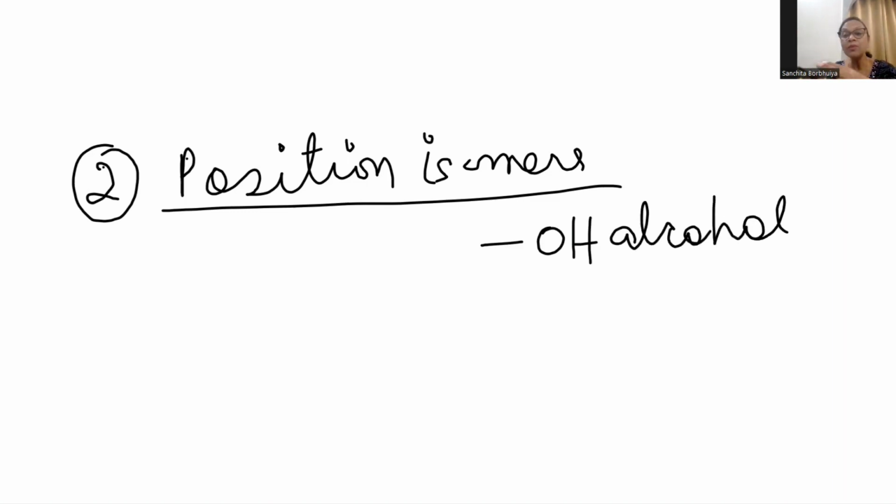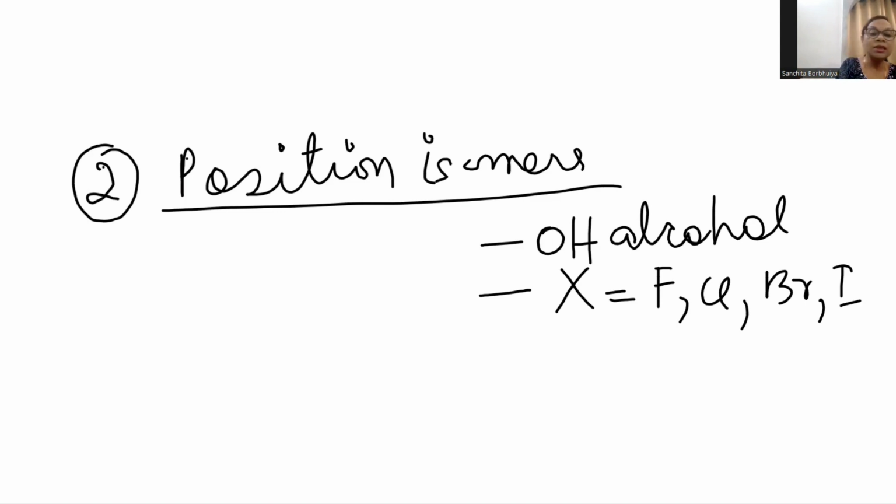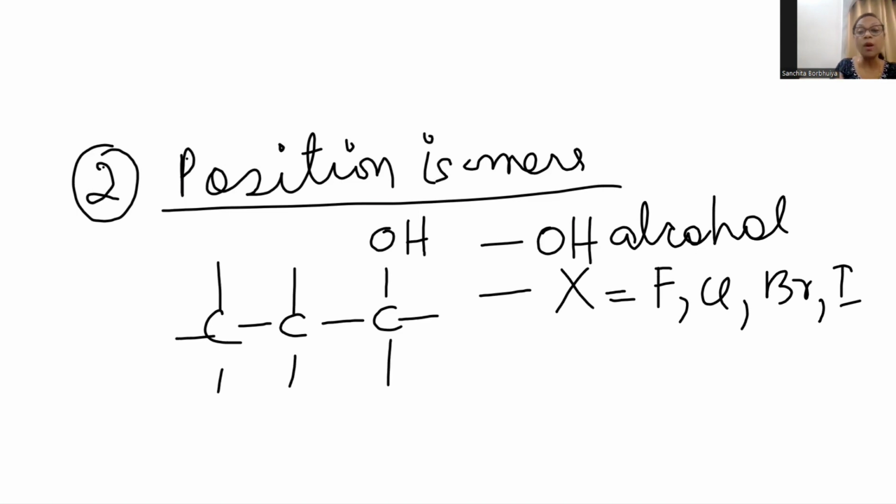So if I deal with this alcoholic group, or X, which is a halogen represented by fluorine, chlorine, bromine, and iodine, then I have, say, a 3-carbon species where I put either the OH or the halogen, and you could go on changing it according to your necessity.